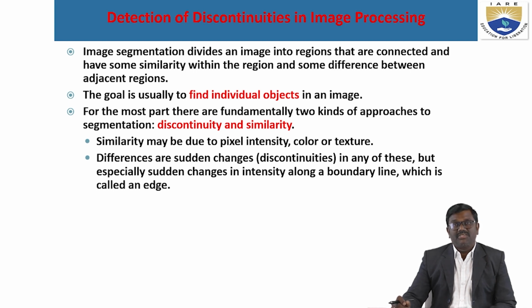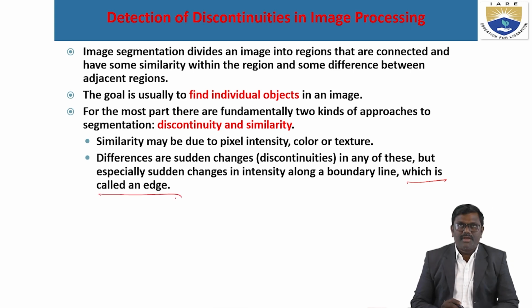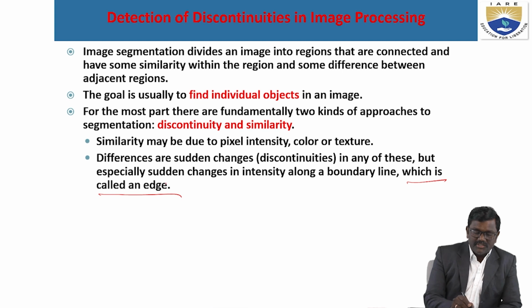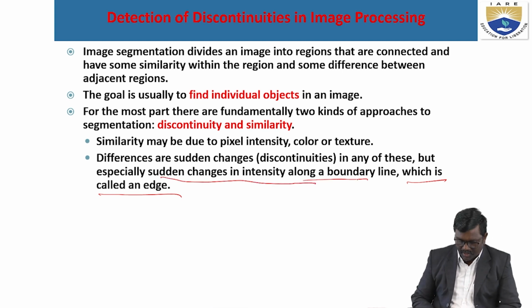The differences are sudden discontinuities in any of these, but especially sudden changes in intensity along a boundary line, which is called an edge. So we find the edge as sudden changes in intensity along the boundary line.